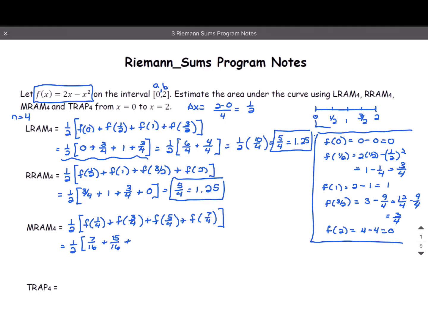We're going to get another 15 over 16. f of 7/4, we're going to do 2 times 7/4 minus 7/4 squared. We're going to get 7 over 16. So that's going to give us 1/2 times, add that up, 30 and 14, 44 over 16, times 1/2 is 22 over 16. Reduce that to 11/8, which is 1.375.